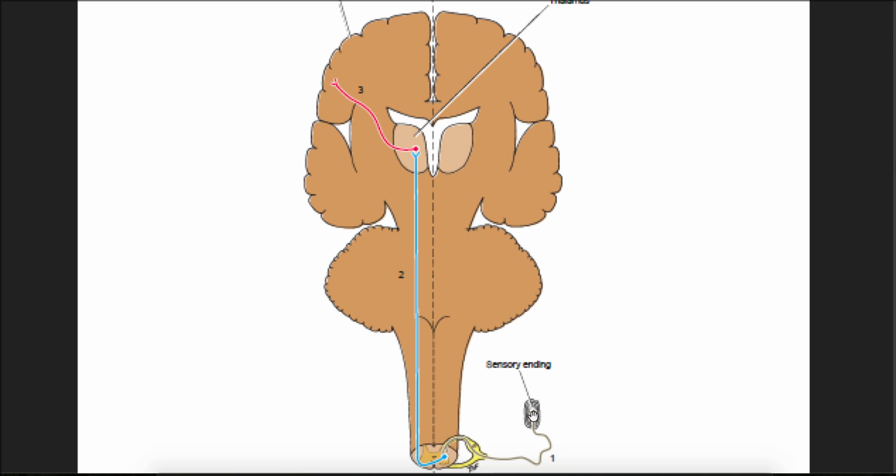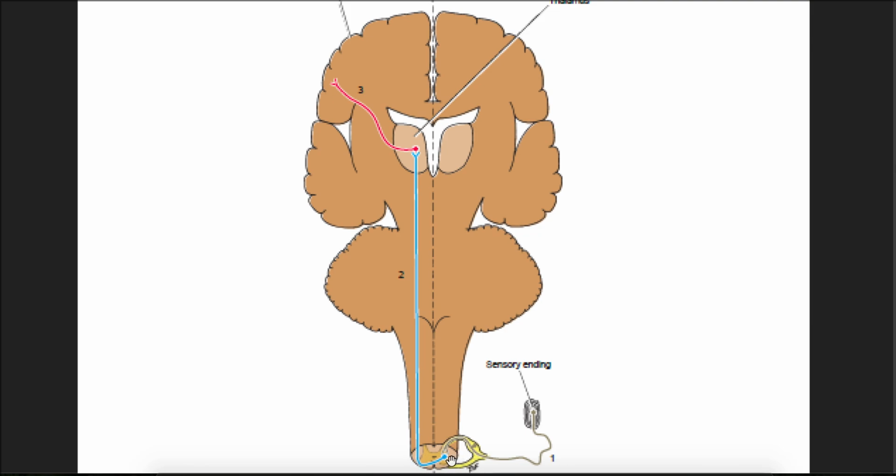This is a sensory ending. It can be for pain, touch, temperature, or proprioception, and it will travel through a nerve fiber, which will enter as a nerve through the dorsal root ganglion to the posterior horn of the spinal cord. And from here, it will ascend.